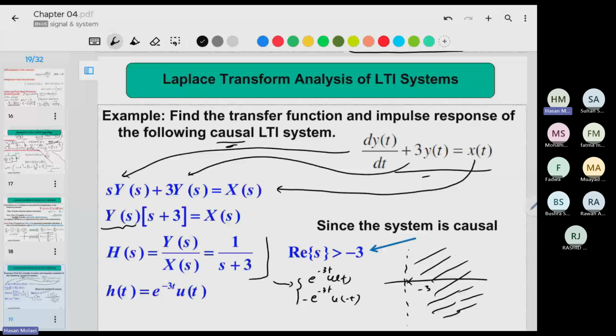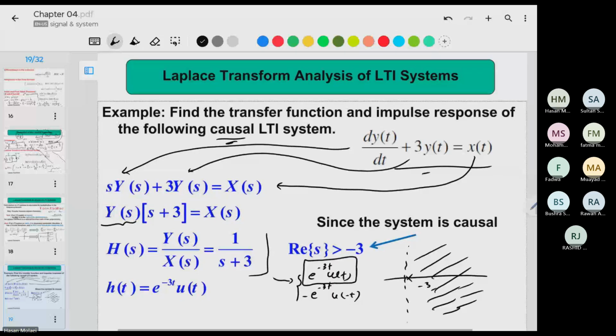So if ROC now is causal, which is right-sided, the answer is this one. If two systems are parallel, we just need to add the transfer functions. If they are in series, as we know, we need to multiply the transfer functions.